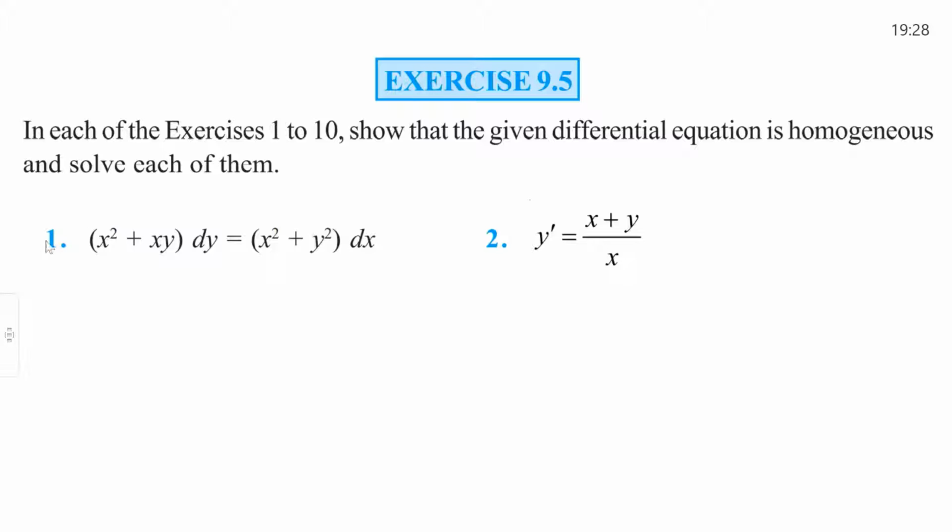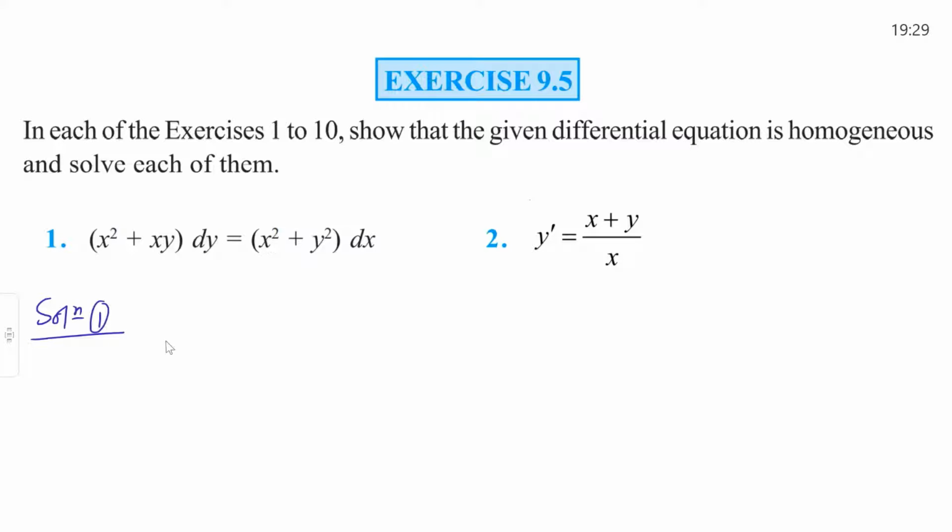You keep your eyes on the screen. So solution 1. This is our expression. First you recall the type of the homogeneous differential equation. It should always be written as dy/dx equal to some expression.